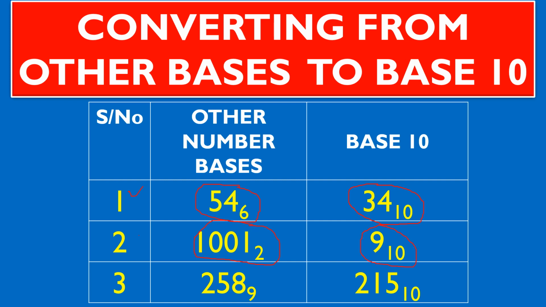And then the last one, which is number 3, we had 258 in base 9, and when we converted it to base 10 we have 215 in base 10. So this brings us to the end of converting from other number bases to base 10 using these 3 examples.